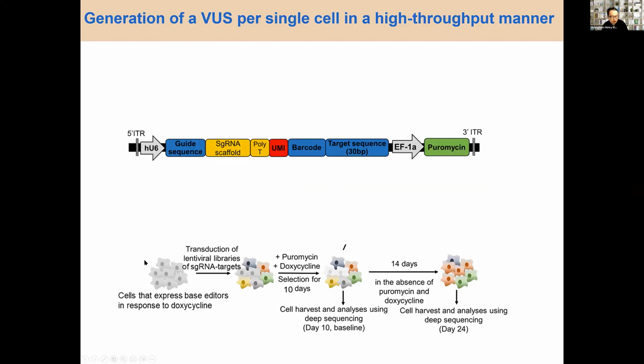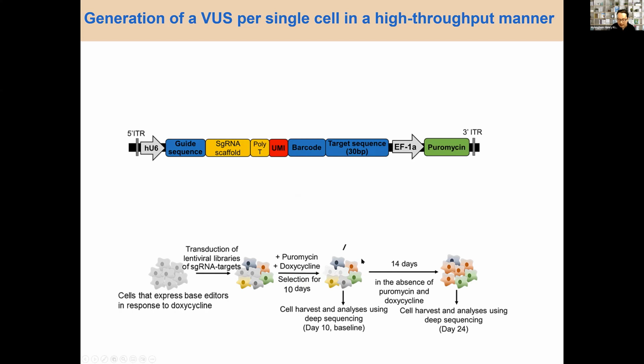So to the cells that express base editors in response to doxycycline, we transduce this guide RNA library containing the corresponding target sequence. Then we add doxycycline for 10 days to induce base editing. Then each cell contains variants observed in cancer cells.